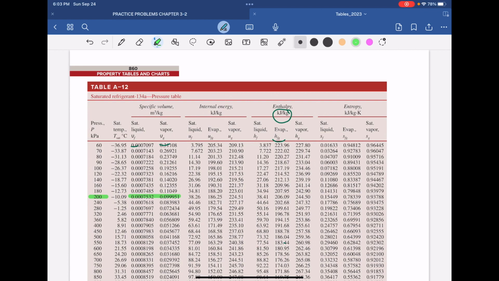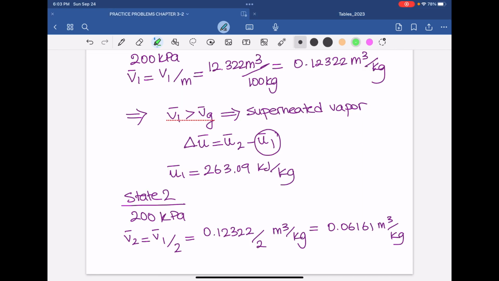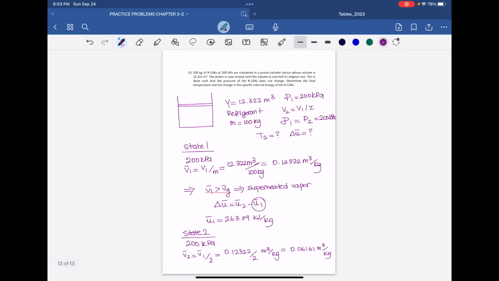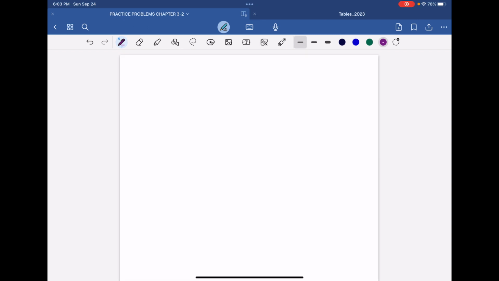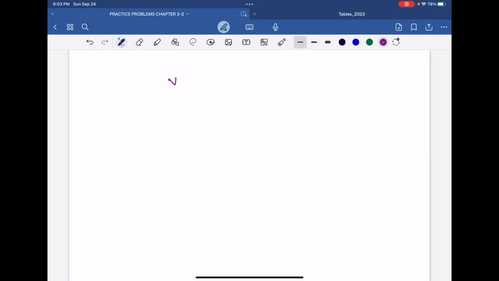That means we have a mixture. So the specific volume we have is in between Vg and Vf. So at the second state, you have a mixture.